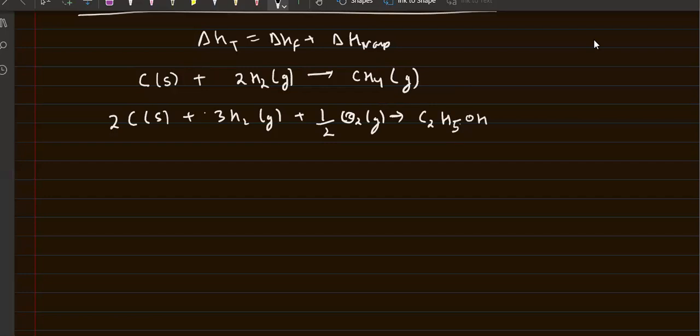Now this is your alcohol, right? And what will be the state of this? Liquid, right? So this is the heat of formation of alcohol, C2H5OH. This is the reaction for the heat of formation of alcohol, like the heat of formation of CH4. Got it? Yes or no?